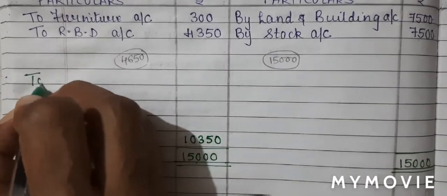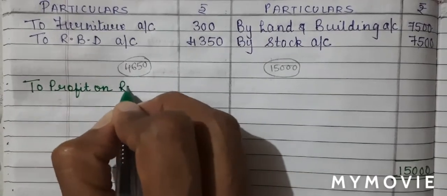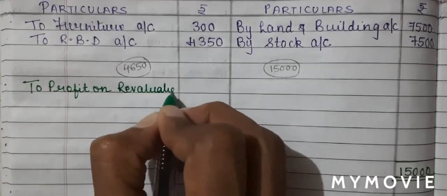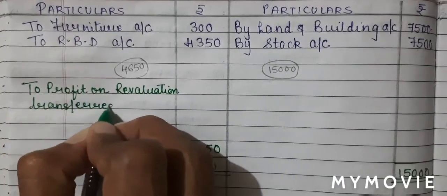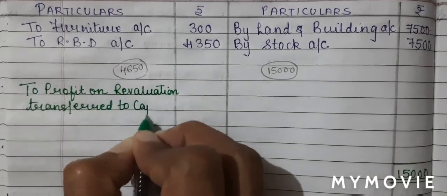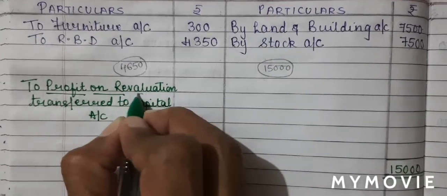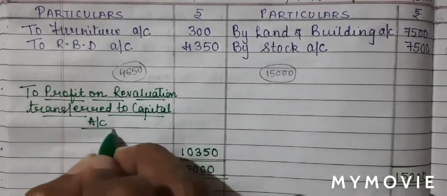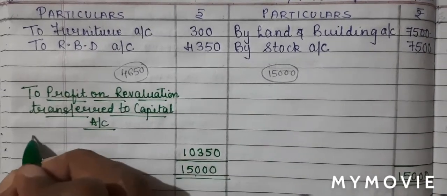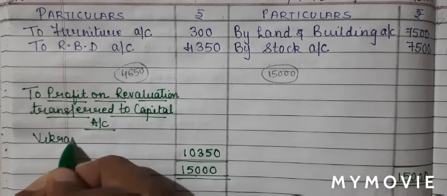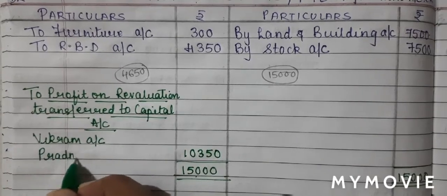So I will give the heading as to profit on revaluation transferred to capital account. I'll underline this, and now you know students, profit on revaluation has to be only transferred to old partners in old ratio. So it will be transferred to Vikram account and it will be transferred to Pradnya account.